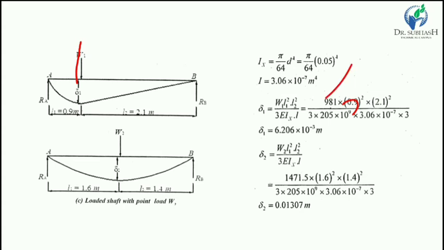With the weight of 981, we finally get the value of delta 1 as 6.2 into 10 raised to minus 3 meter. Similarly we find the value of delta 2.